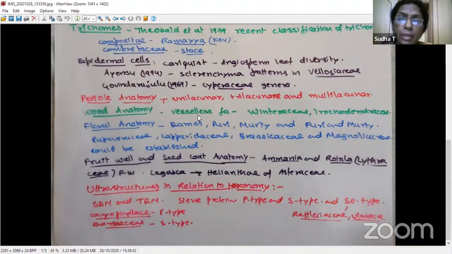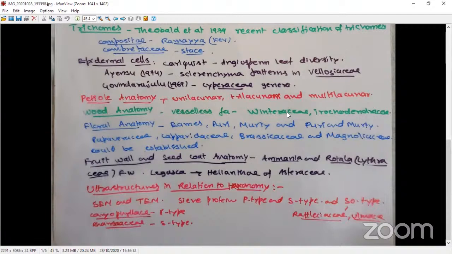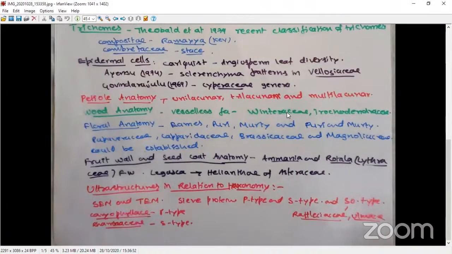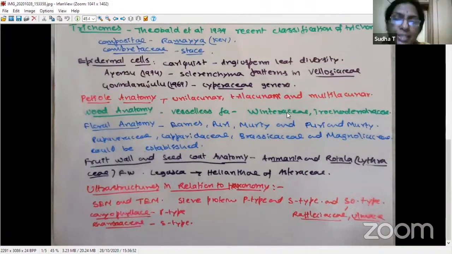The vessels are considered more advanced, as they are present in all angiosperms except a few. This is the family I mentioned, Winteraceae, one of the dicot families that is vesselless. That's why I told you it is the most primitive, and Magnoliaceae members are primitive members.